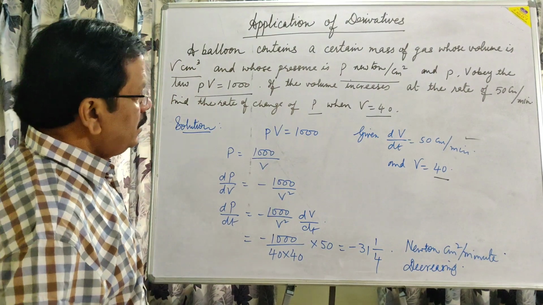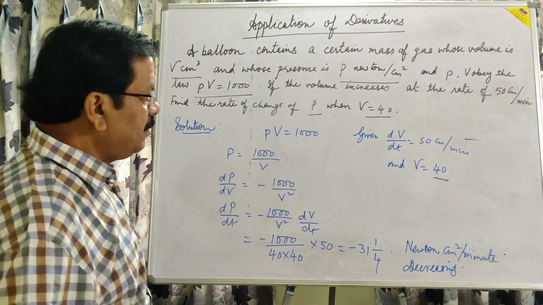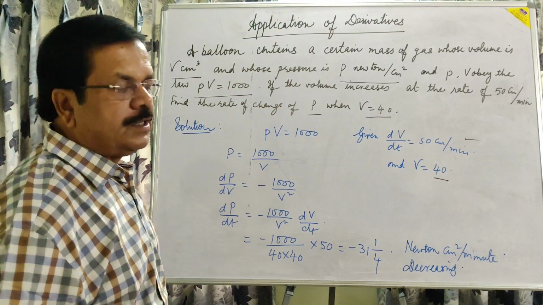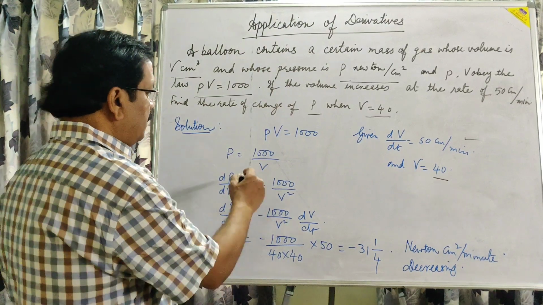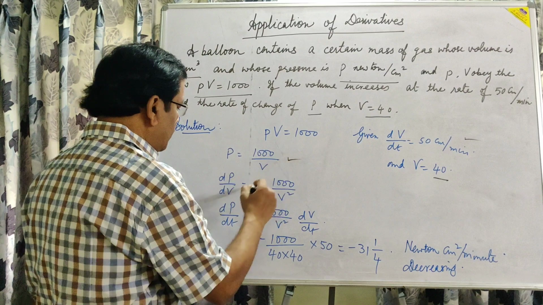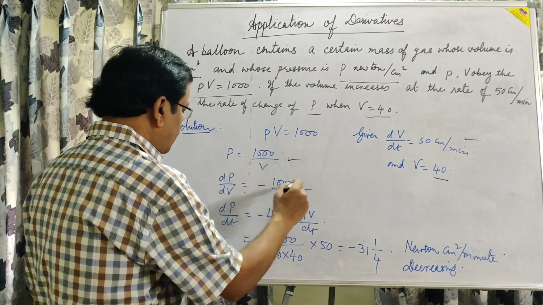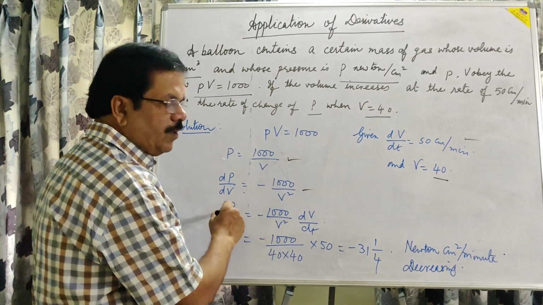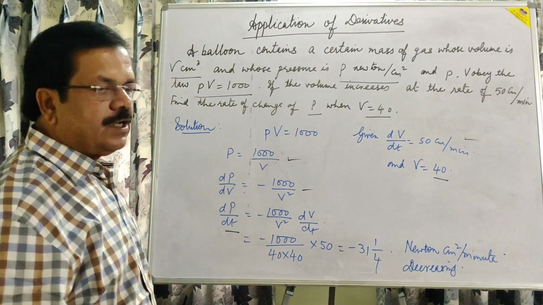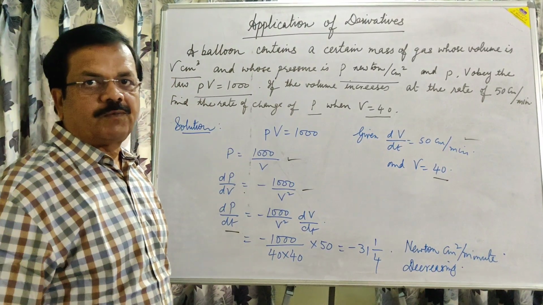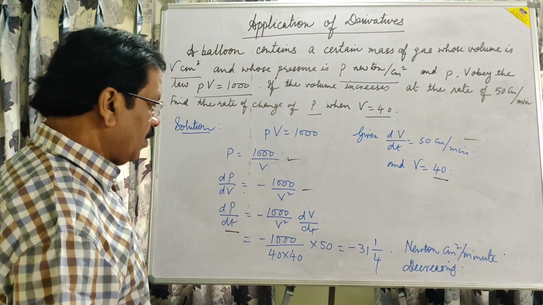Now here there is a third variable, time, in between pressure and volume, and that is why we differentiate pressure with respect to V, and then write in this form: dP/dt is equal to minus 1000 upon V square times dV/dt.